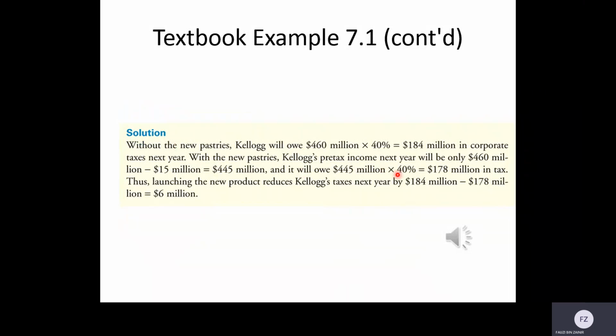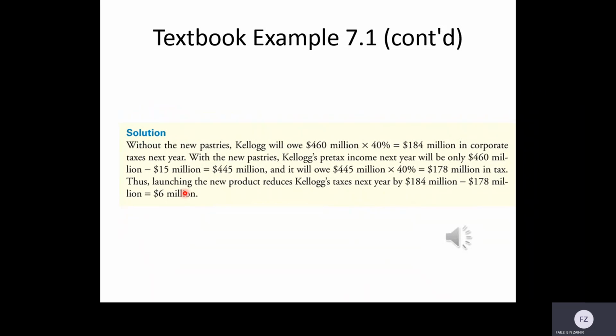It will owe 445 million times 40% tax, which is 178 million in tax. Therefore, launching the new product reduces Kellogg's taxes next year by 184 million minus 178 million, which is 6 million.